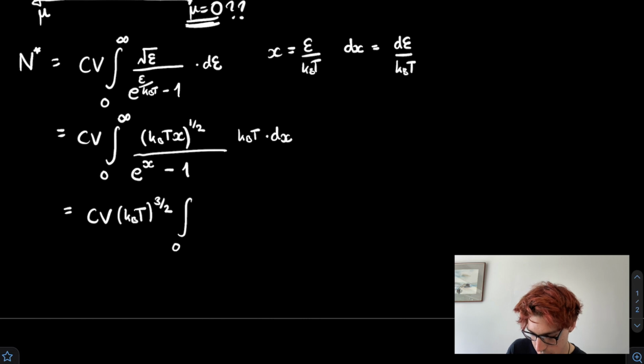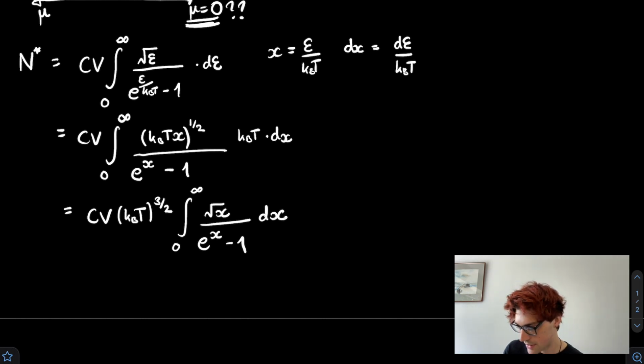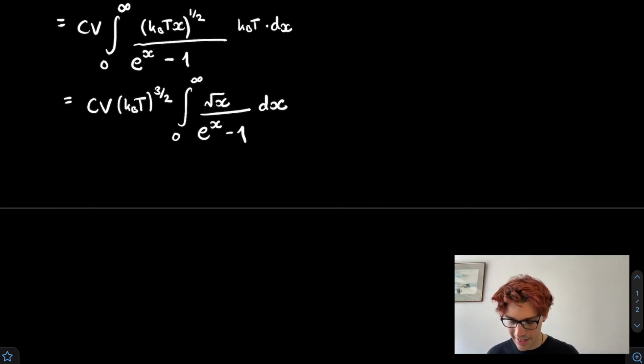Then I'm going to integrate between 0 and infinity root x, because that's all that's left of this term. Everything else has come out the front. Divided by e to the x minus 1, integrated with respect to x. So now let's have a look at this integral right here.